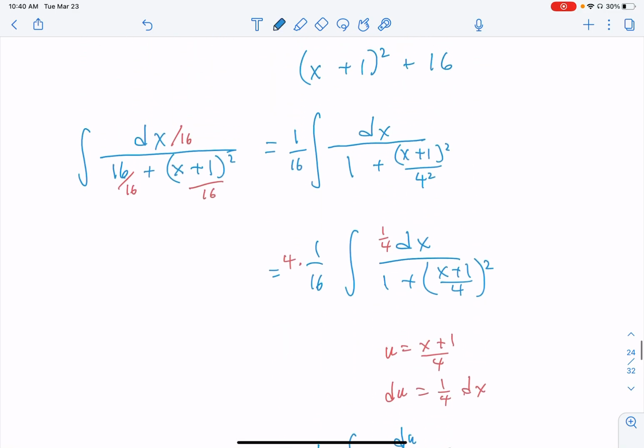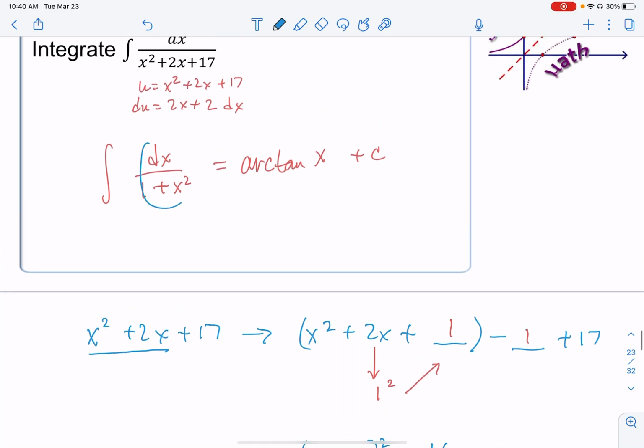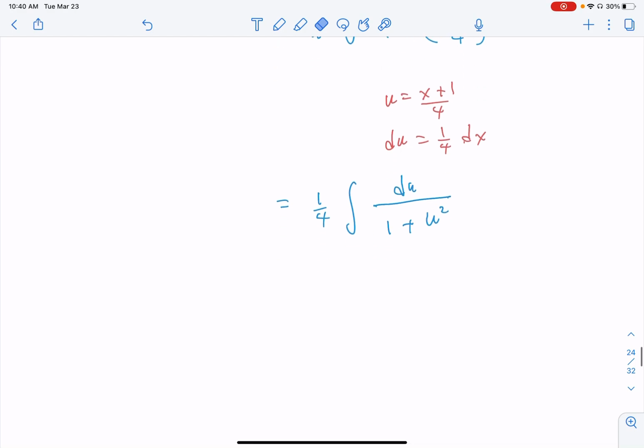And now I can see that it exactly matches up with this antiderivative rule for the arctangent. So our final answer here for the integral is 1/4 arctangent of the quantity. What was the u? It was x plus 1 over 4, and then finally plus c.